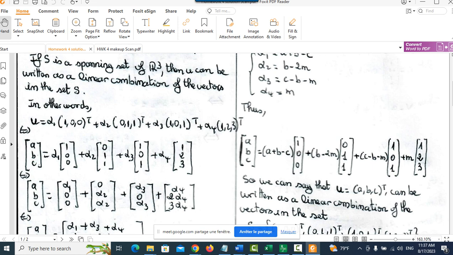then I can say that these vectors, this one, this one, this one, and that one, span R3. So here I take the vector a, b, and c, the vector u that I have. So u is a, b, and c. Alpha 1 stays like this, and then 1, 0, 0, the column vector version of it, is this one.